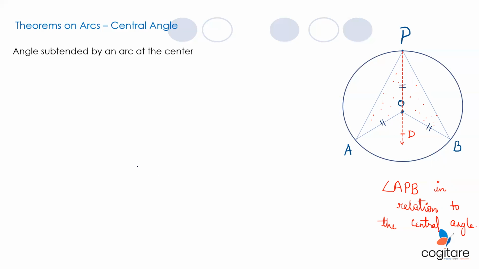So triangle AOP and triangle BOP are isosceles triangles. In which case, if two sides are equal, the angles opposite to them are also equal. So let's say we have this angle here and this angle. These two angles are equal.